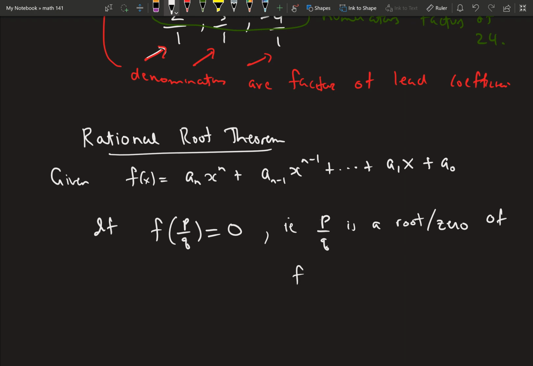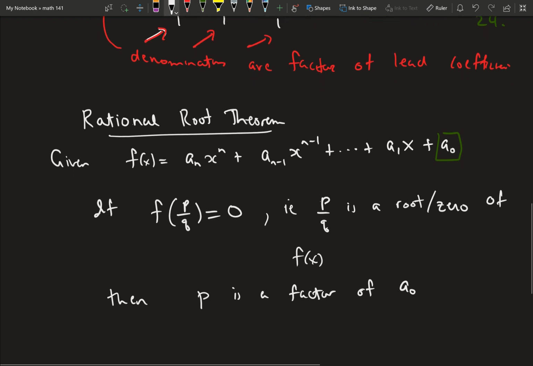then the numerator p is a factor of a sub 0, which is our constant term here. So a sub 0 is that last term, which was 24 in our example.